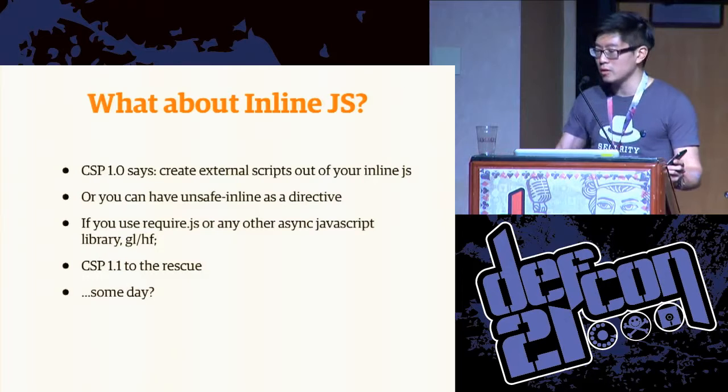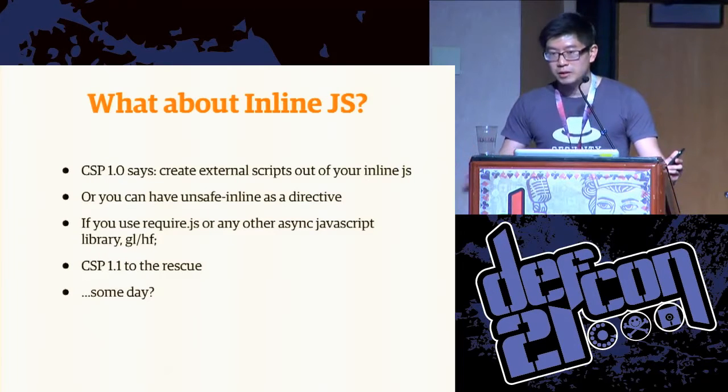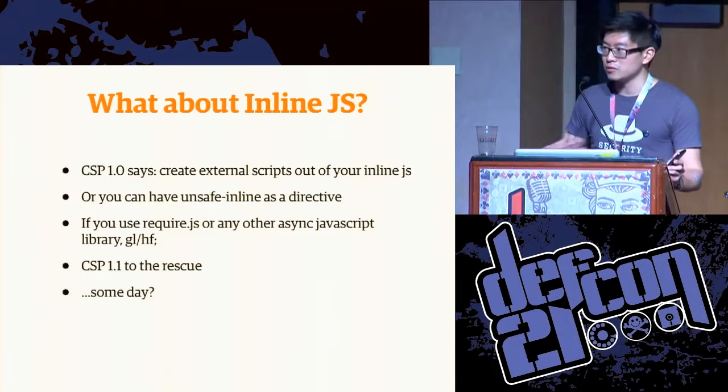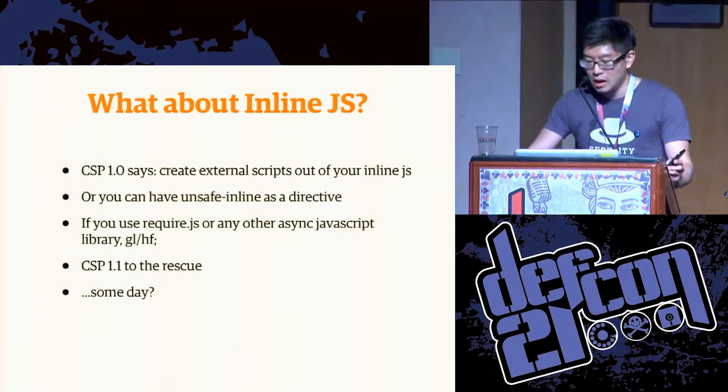Alternatively, if you want to get around this, you can also specify, as I mentioned before, the unsafe-inline directive, but this has implications for weakening the strength of your content security policy.